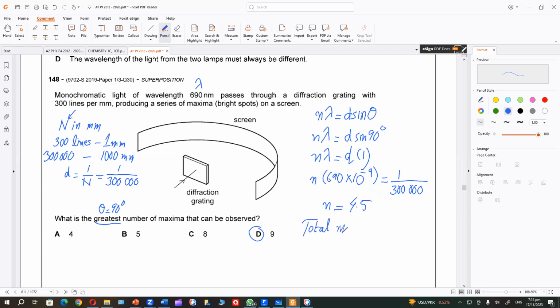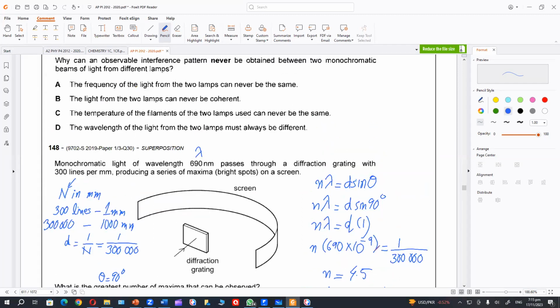And then you have to times it by 2. But I was thinking that if 4.5 are there, order N is 4.5, 4.5 above and below. Then there is no other option, it should be 2n plus 1. But 2n plus 1 will give me 10, which is not the option actually.